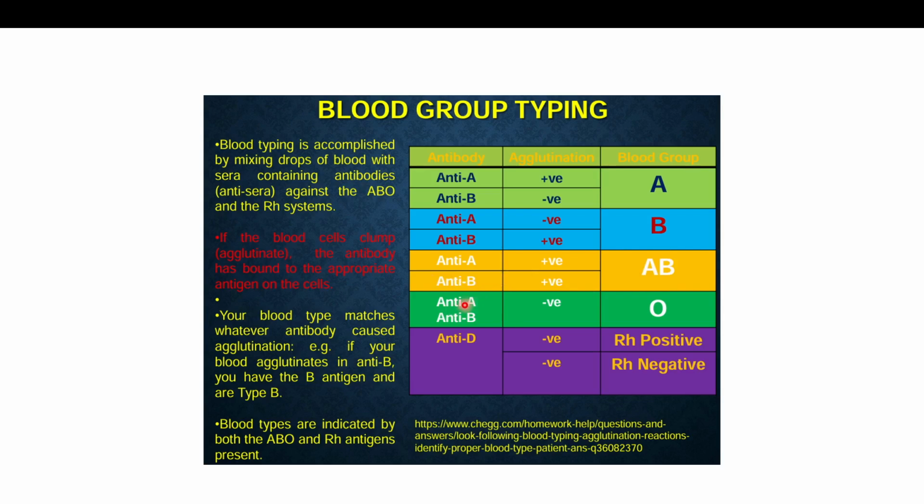Whereas for both anti-A and anti-B, there is no agglutination, then the blood group is O. Similarly, there is another antibody which is anti-D. It should be positive. So then it is RH positive. If this is negative, it is RH negative.